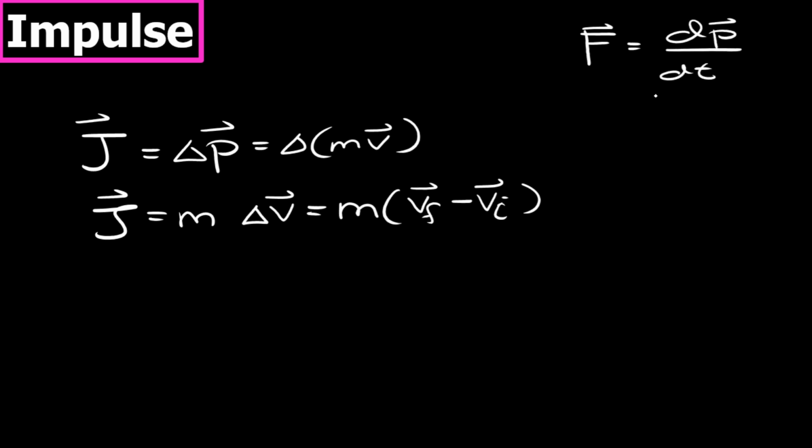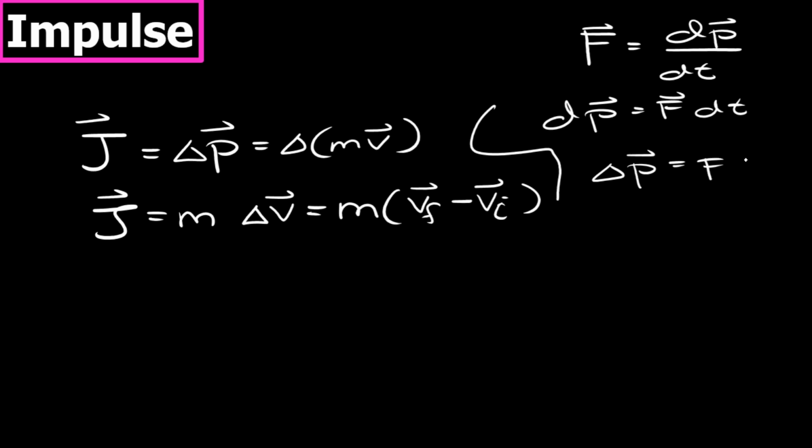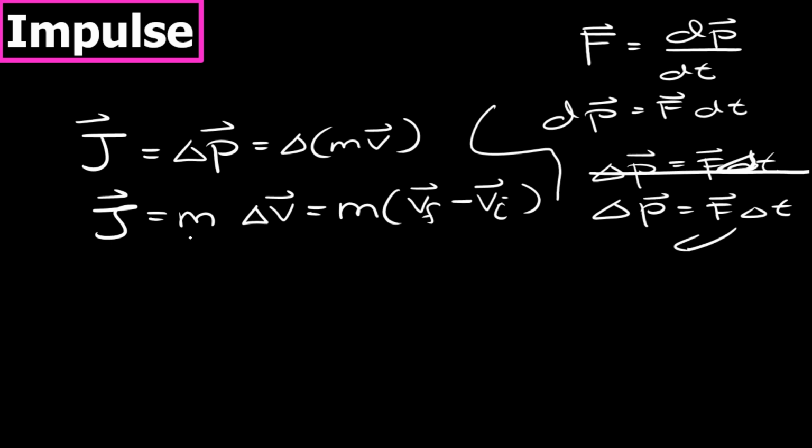We can rearrange this to get P equals F times dt, which we can simplify for our case as delta P equals F delta T. Now we take this and use the definition of impulse, J equals delta P, which then equals F delta T.